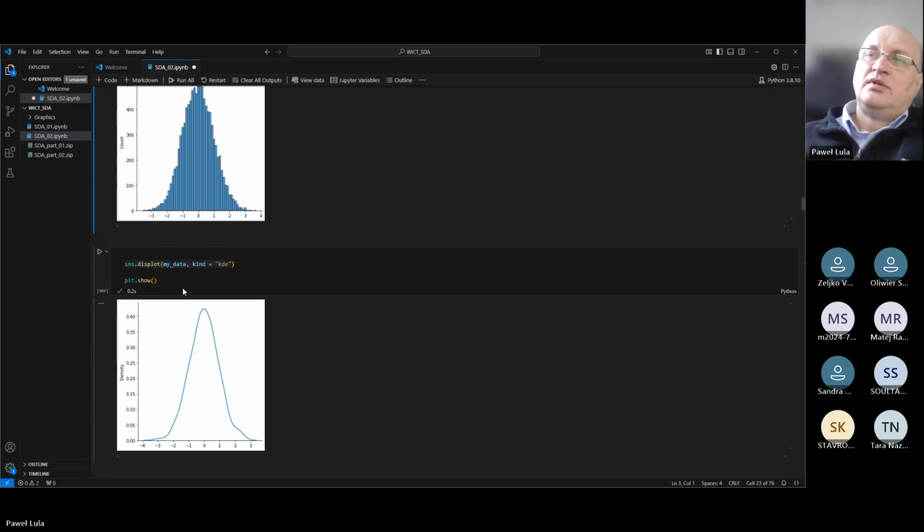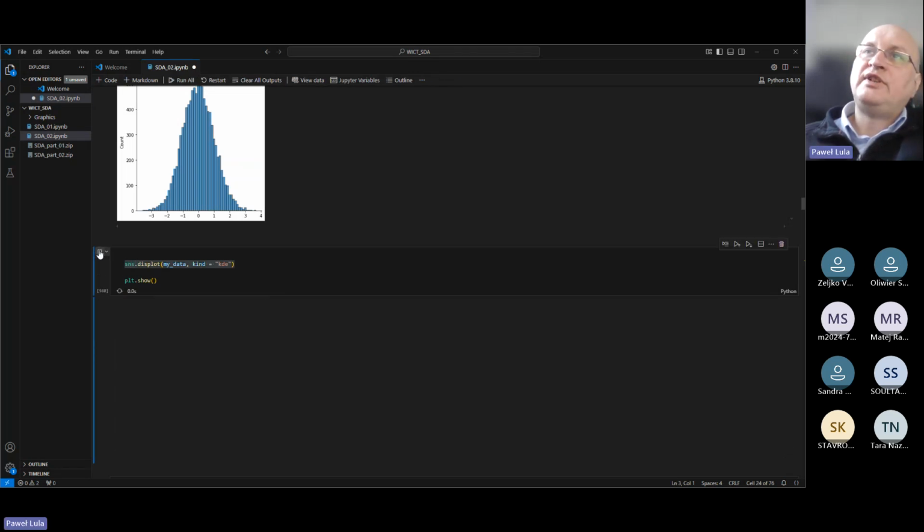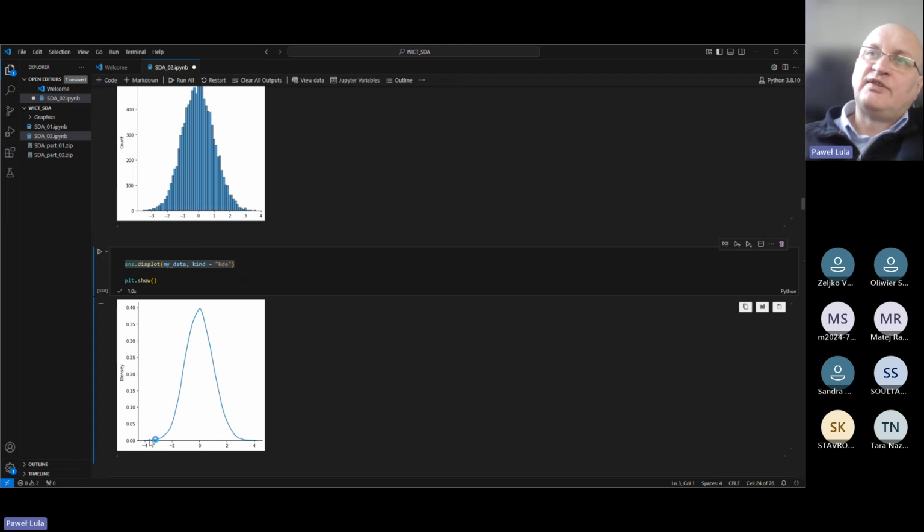Now, I want to present this probability density function, which was estimated using the kernel method. For our data, the probability density function estimated using this kernel density estimation method has this shape.